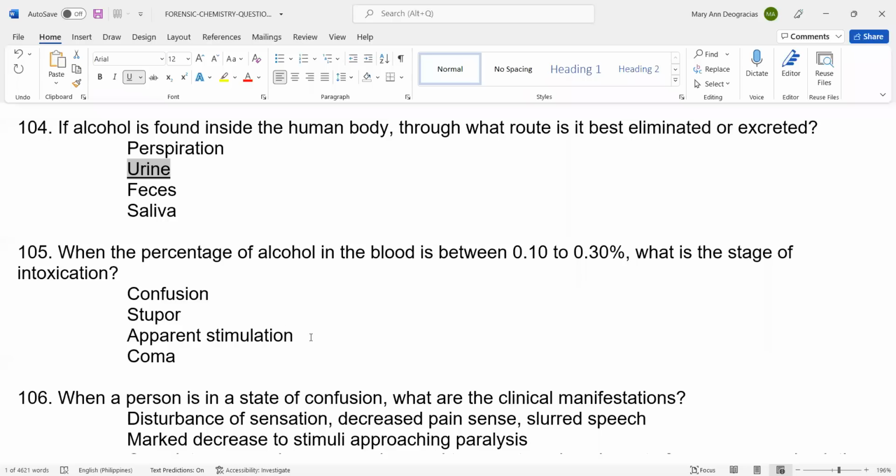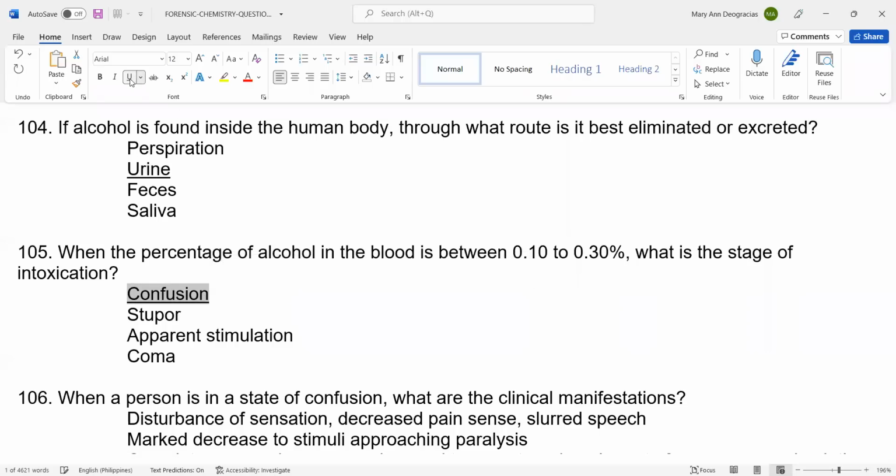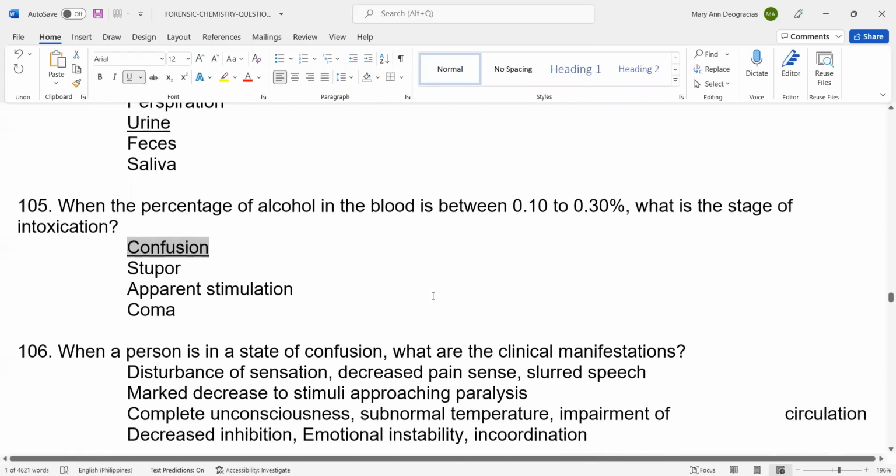Hindi. So, hindi coma yun. So, it is confusion. Apparent stimulation is 0.05 to 0.10% or 0.20%. Ang stupor, guys, is from 0.20% to 0.30%. So, ito is confusion.